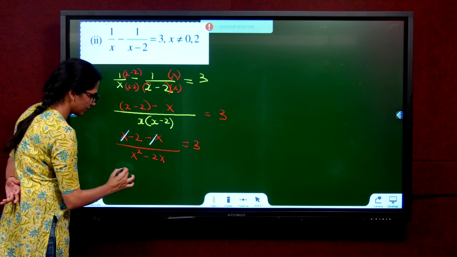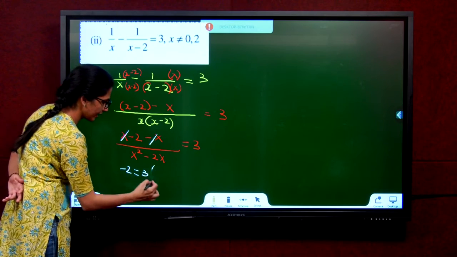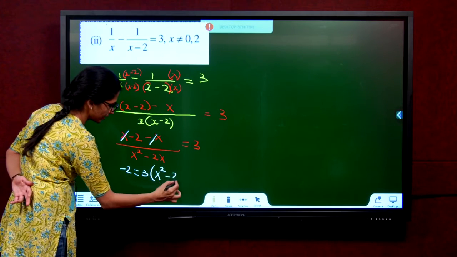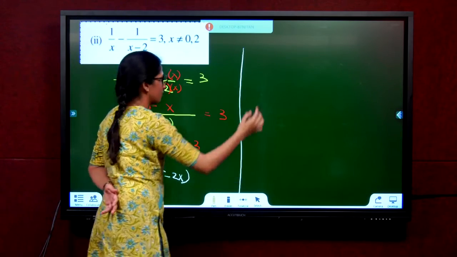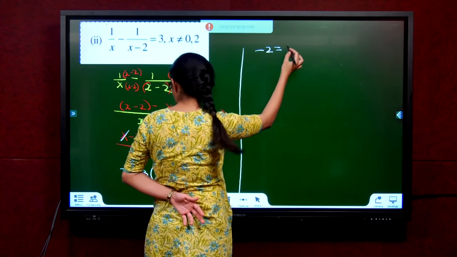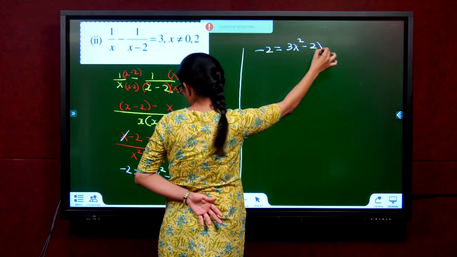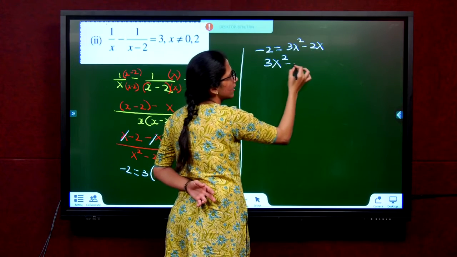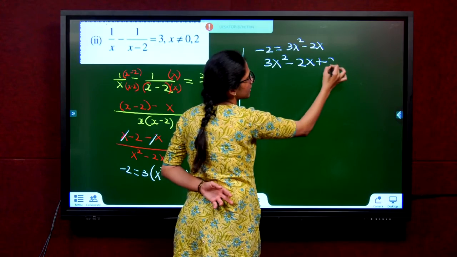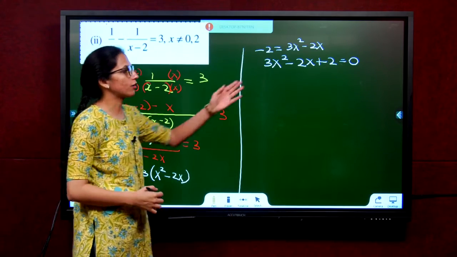Minus 2 is here. Send this whole thing up. 3 into x square minus 2x. So what happens here? Minus 2 is equal to 3x square minus 2x. Bring the minus to the side. 3x square minus 2x plus 2 is 0. Now we have got our quadratic equation.